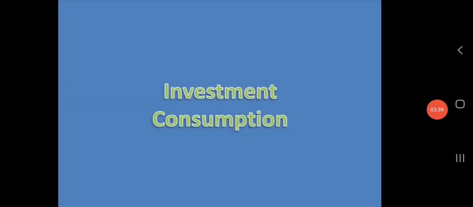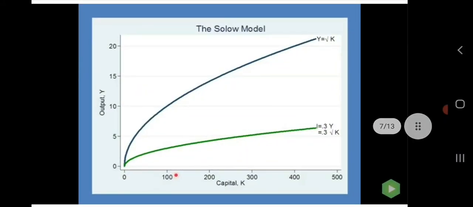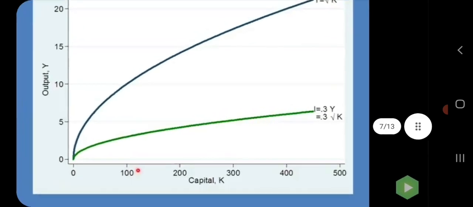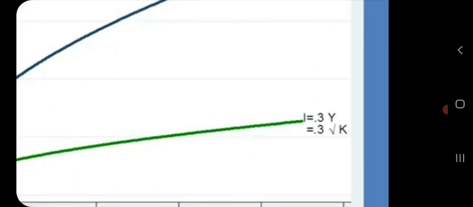So the next important concept we should look into is the investment consumption. So as you can see in the graph, the green line represents investment curve. It is obtained by the function I is equal to 0.3 y, and as we have already discussed, we take the production function y is equal to root k.